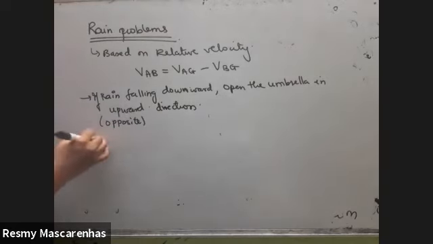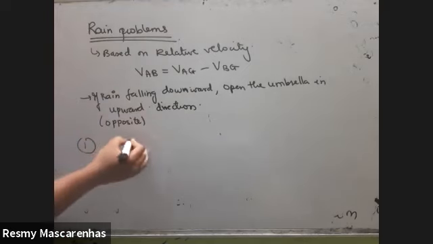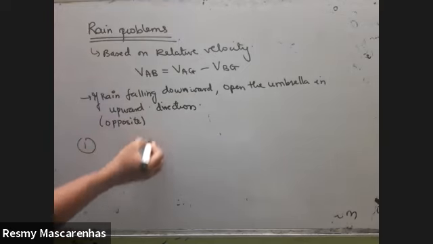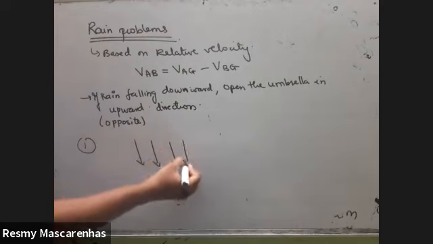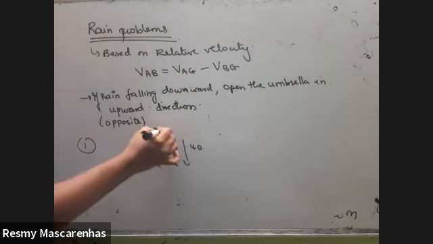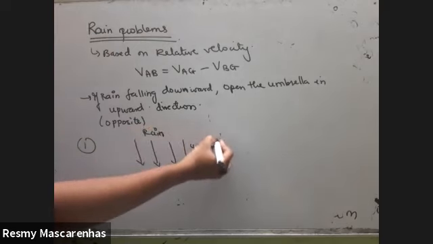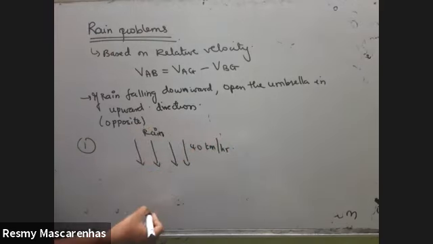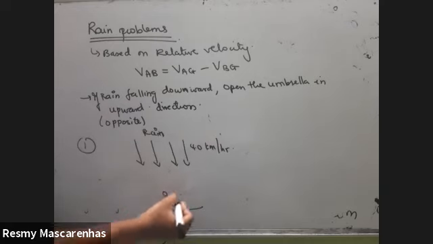So the first one, I'll directly draw in terms of diagram only, like this. So this rain is falling at 40 kilometers per hour. You are standing here. This is the person.